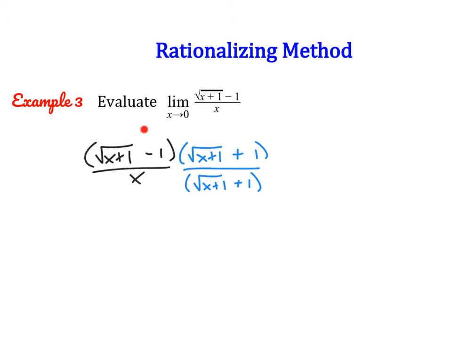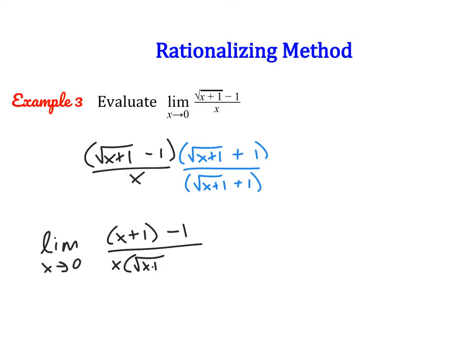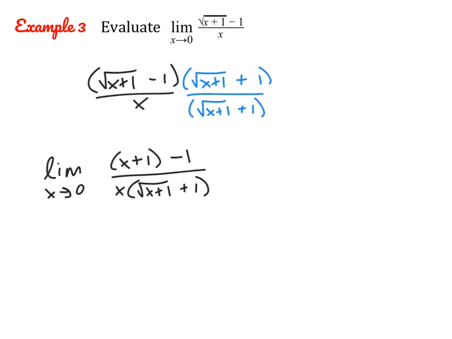Okay, so let's multiply this out. So when I multiply these two out, I get x plus 1. So we'll say the limit as x approaches 0 of x plus 1. This and this will cancel out, and then I have minus 1 over x times square root of x plus 1 plus 1. You can see that in my numerator, I have x plus 1 minus 1.